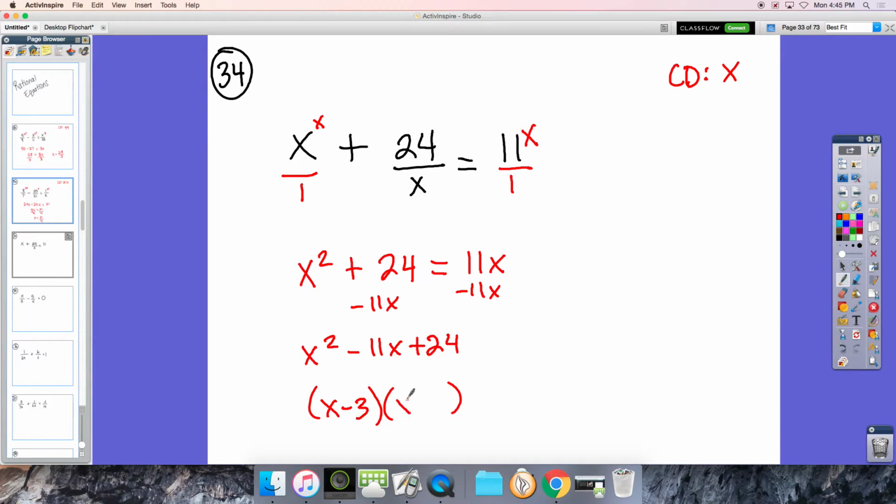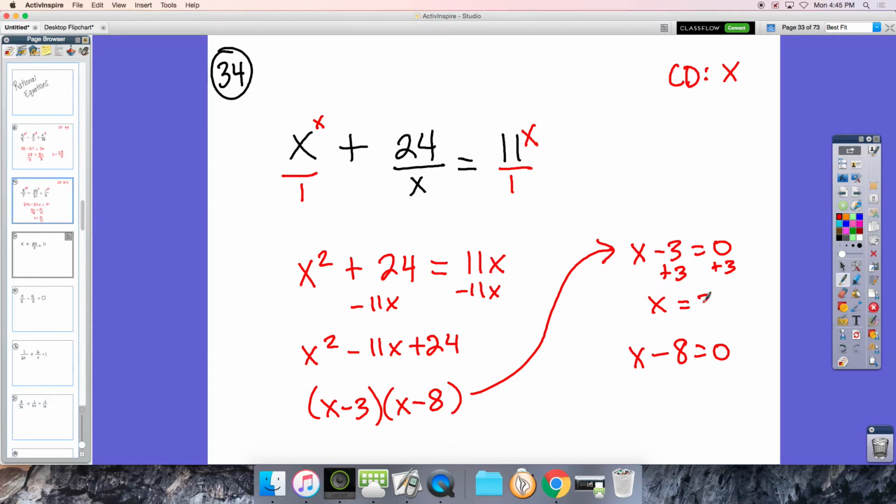X minus 3 and x minus 8. I'm going to set each of those equal to 0 so that I can solve. And then get x by itself, add 3. So x equals 3 and x equals 8.